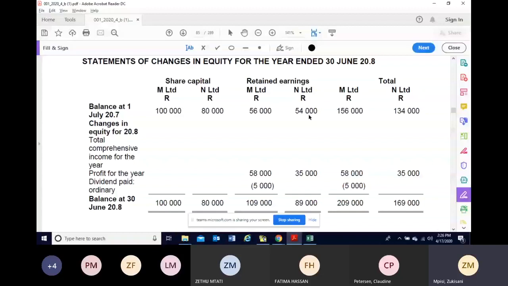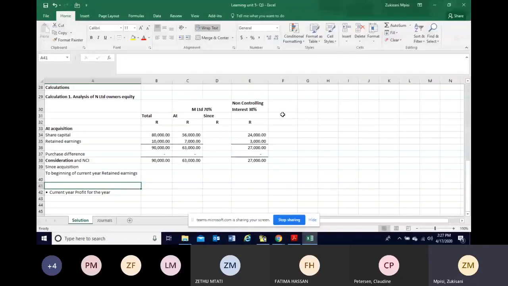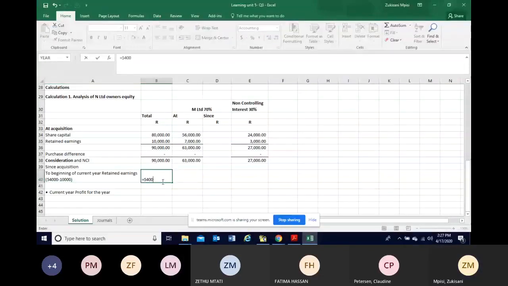Whatever retained earnings we had before were 10,000. So we've got 54,000 at the beginning, minus the 10,000 that we had before elimination, and this gives you 44,000.